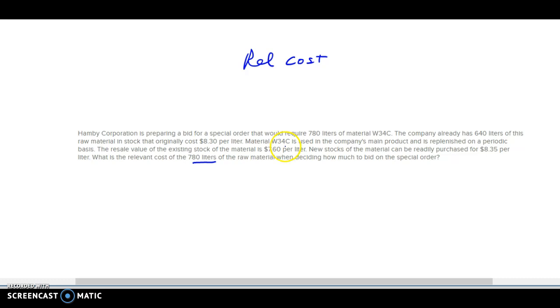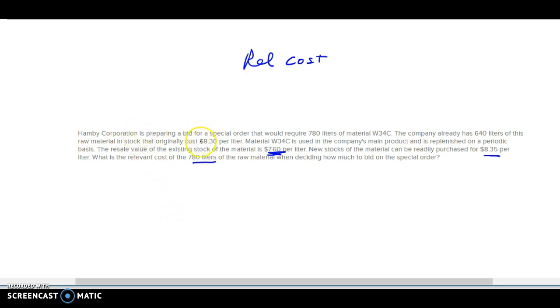And this raw material is used in the company's main product and is replenished on a periodic basis. The resale value of selling the existing stock is $7.60 per liter. New stocks can be readily purchased for $8.35 per liter. What is the relevant cost of the 780 liters?